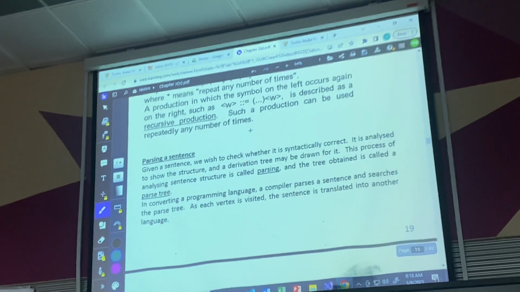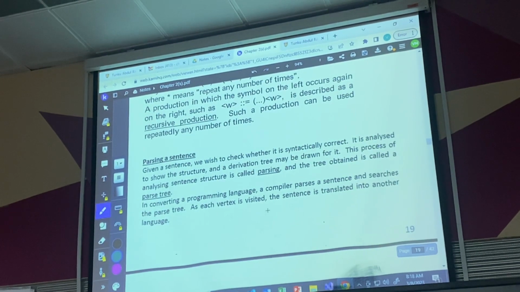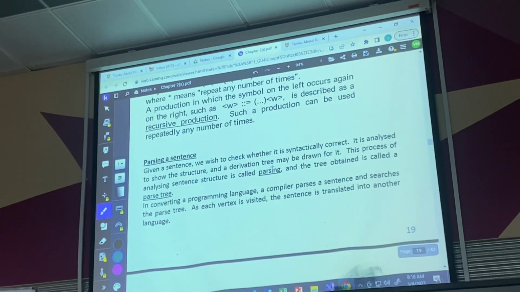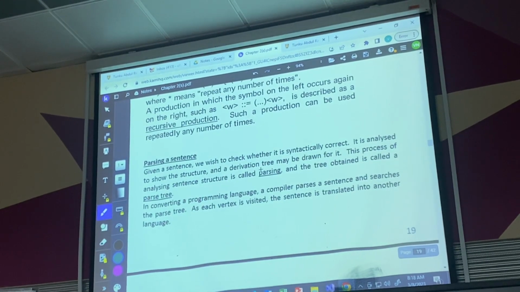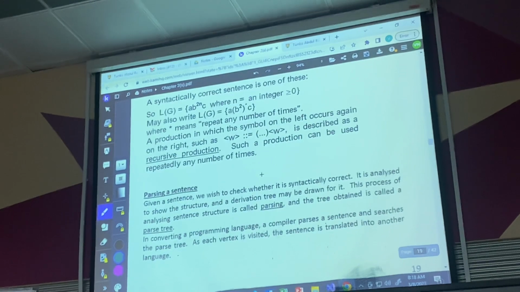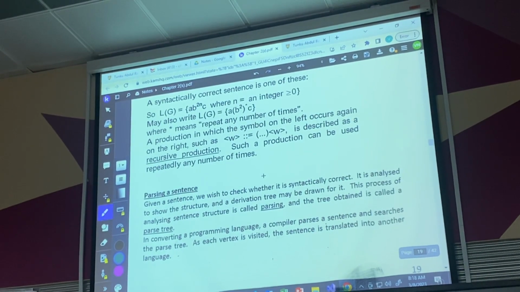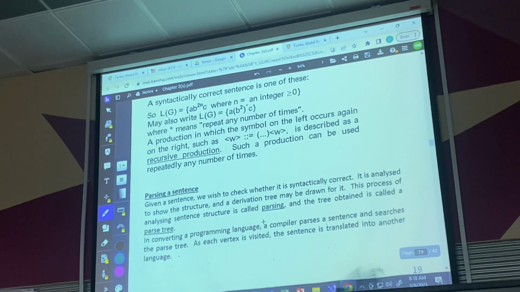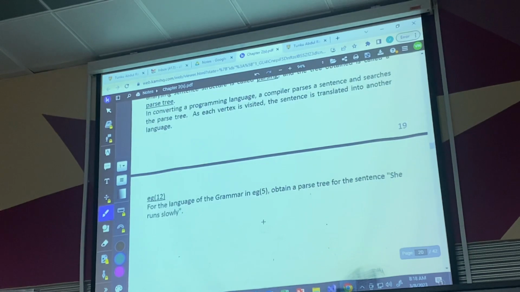Okay, so we will know whether the language given is correct or not when you parse through the tree. If you can get the end result that you want, that means the language is correct. So I will show you the example later on how we parse through the tree to determine whether it is correct or not.